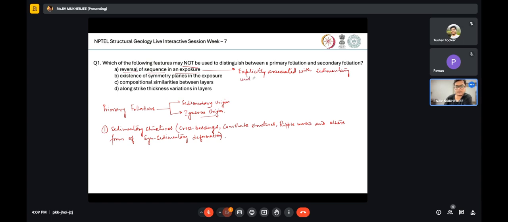And if we have to detect whether the sequence is overturned or reversed due to deformation, we have to look for these structures, right? Then we definitely have to observe either the fossil content of the rock, or the overturning of sedimentary structures.